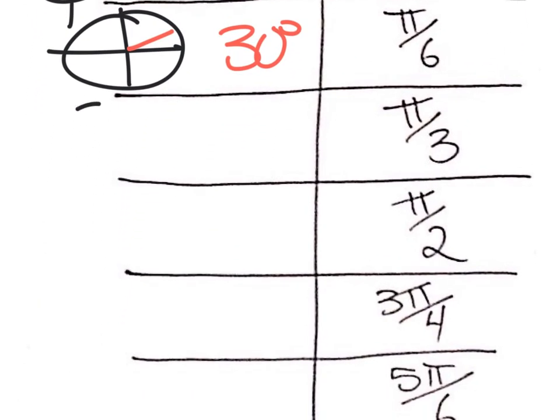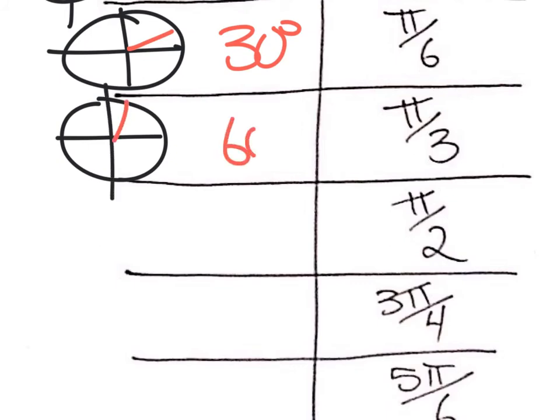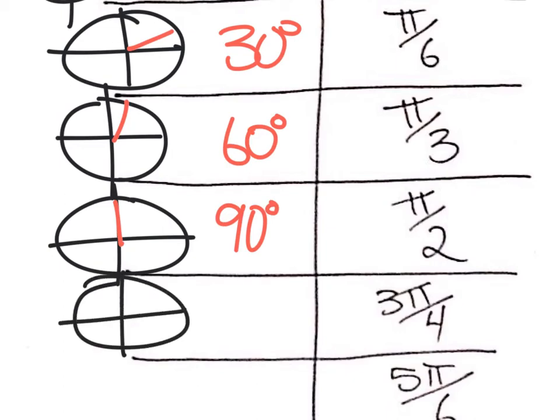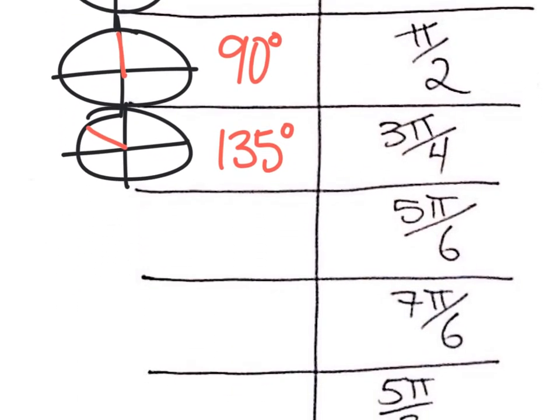Pi over 3, that would be right here, that is 60 degrees. Pi over 2, that is right here, 90 degrees. 3 pi over 4, 3/4 of a pi, that is 45 more than 90, or 135 degrees.